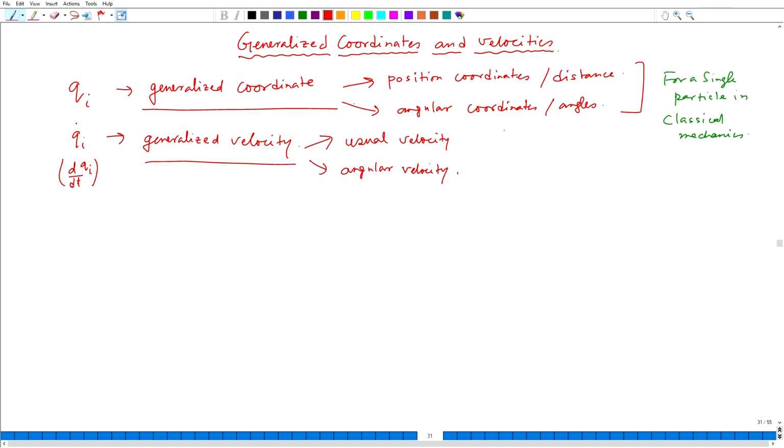So, this is the concept we in general use for our incoming formalism.